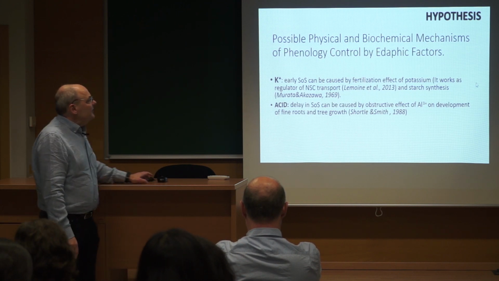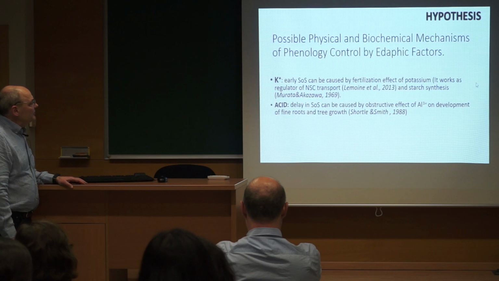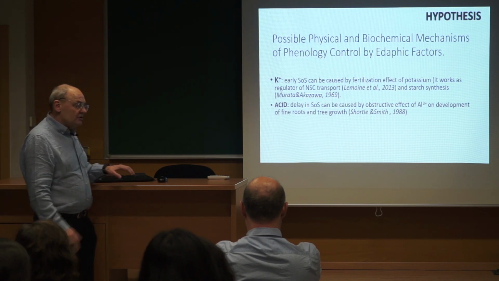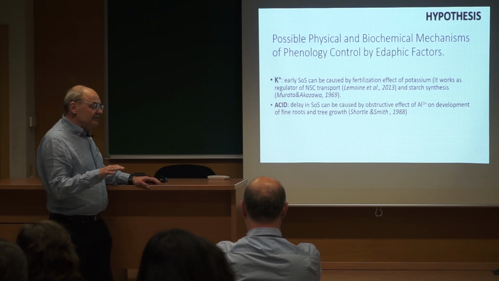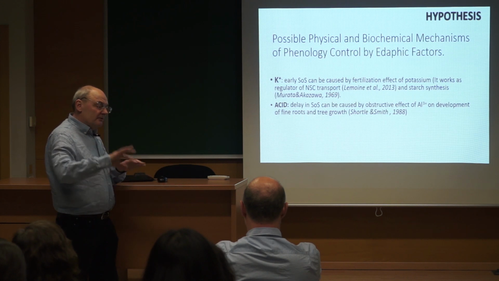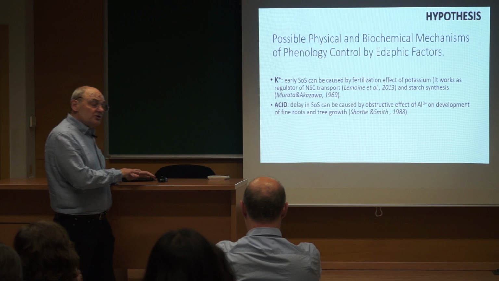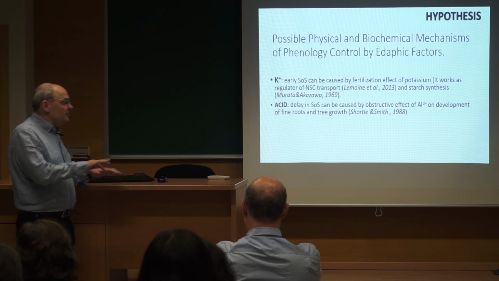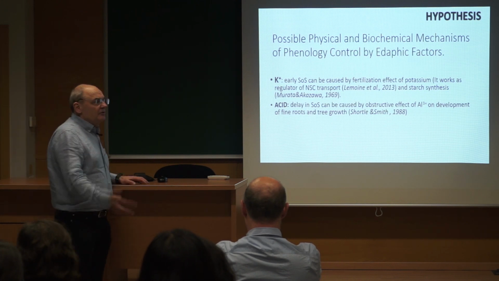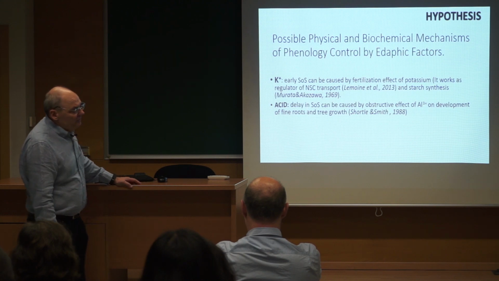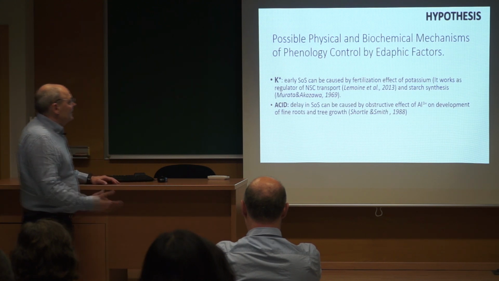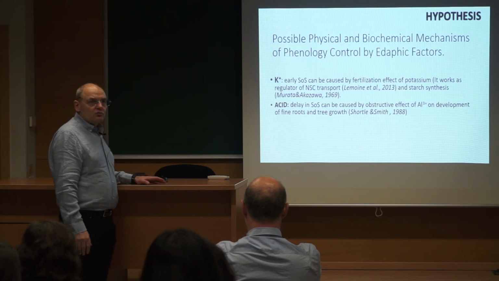With acid, we think it's more straightforward because, as I already mentioned, our categorical variable separates watersheds where there is a mobilization of aluminum from the soil matrix from watersheds where this state is not reached yet. And aluminum is a toxic element. There are a number of papers which show its negative impact, especially on fine roots and tree growth.